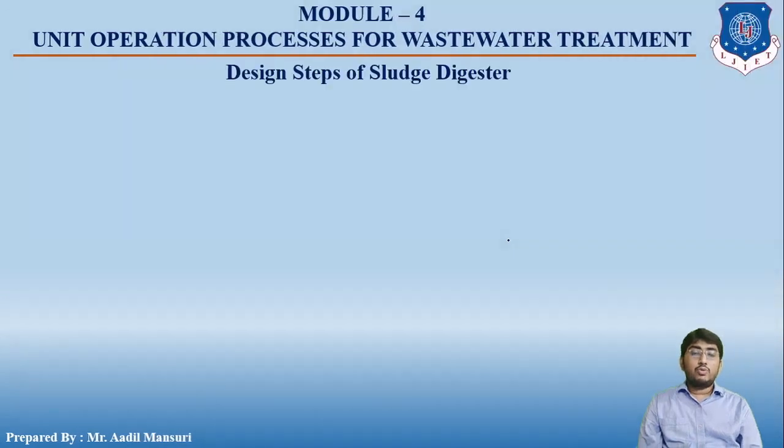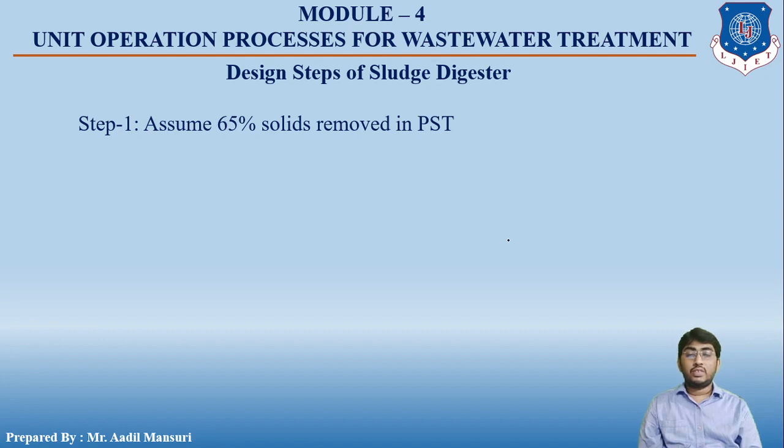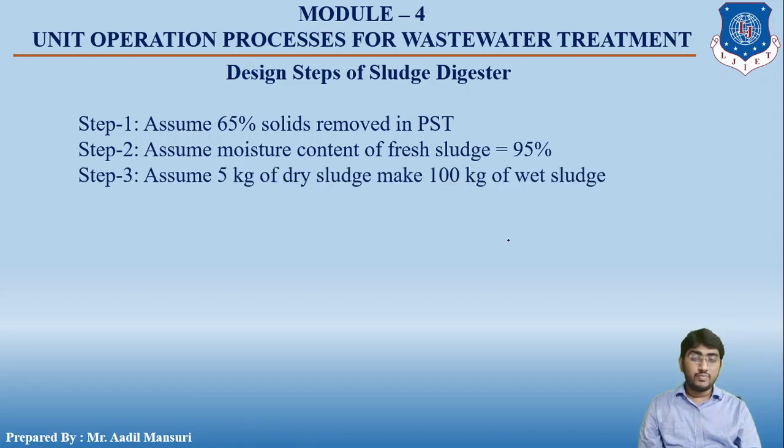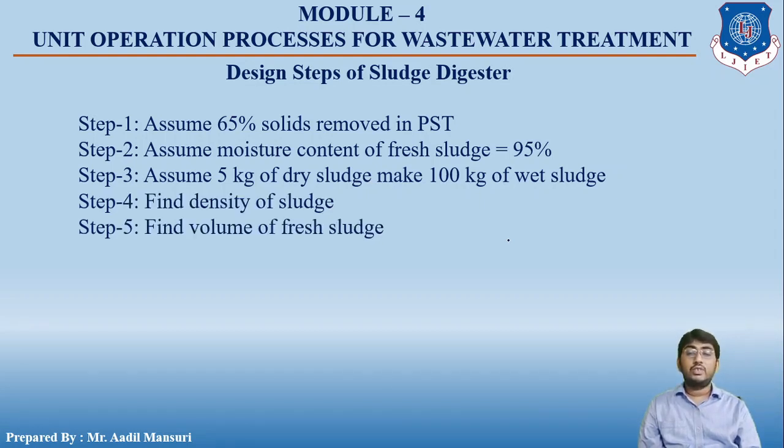Okay, so let us now move towards the steps of the sludge digester. The first step is to assume that 65% solids are removed in primary sedimentation tank. Also assume that moisture content of the fresh sludge is 95%, and assume 5 kg of dry sludge makes 100 kg of wet sludge. The next step is to find the density of sludge.